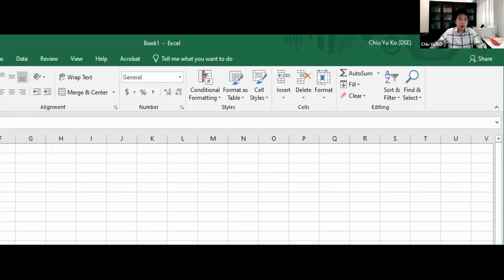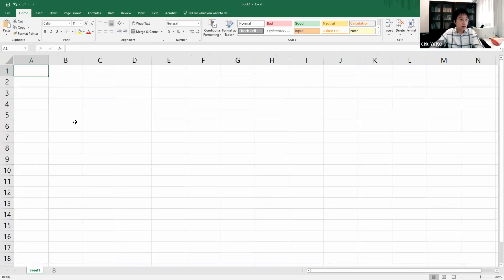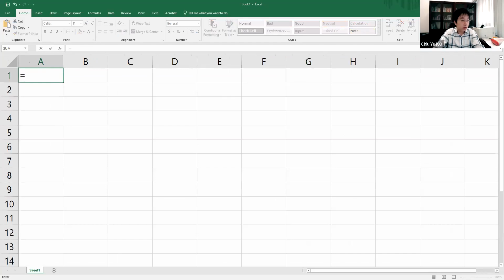Can you see my Excel spreadsheet? So NORM.S.DIST, and say the choice there is 1.16, and then TRUE. That gives you 0.87698.